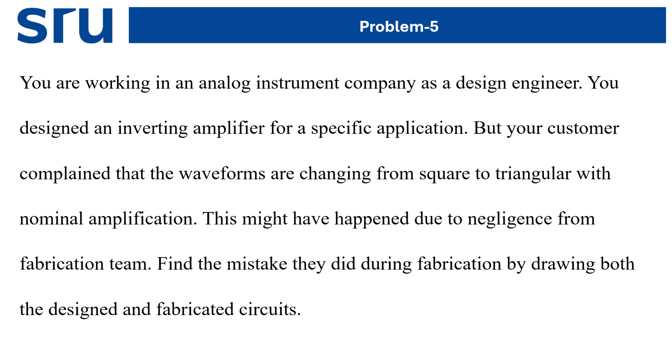What kind of mistake did it make? It made a component placement mistake, and because of that we could see a different kind of output, the shape changing from square to triangular. Let's see what kind of mistake could happen.